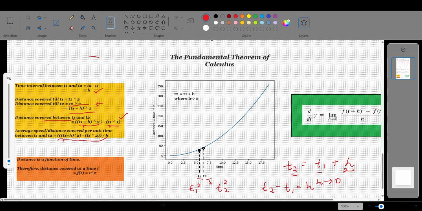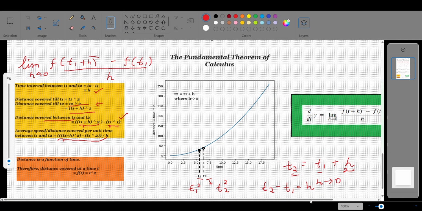So you could also represent it as f of t1 plus h minus f of t1, divided by h, wherein the limit of h is 0. And if you see, this is basically the fundamental theorem of calculus.